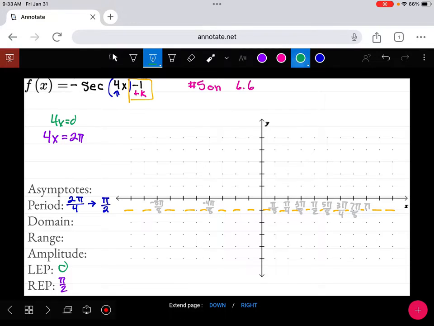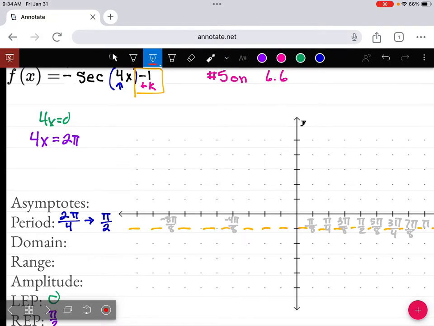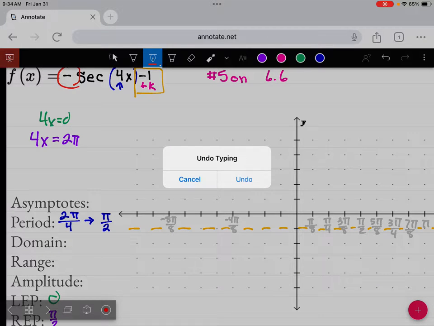What do we have happening with the amplitude here? Our amplitude is -1. So we normally go up our amplitude for cosine and then down. So when we have our amplitude being -1, that's going to give us a reflection. So it's just going to flip it upside down. So instead of going up 1, we're going to go down 1. And then up, and then back down.